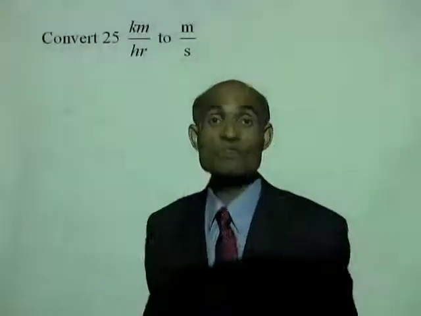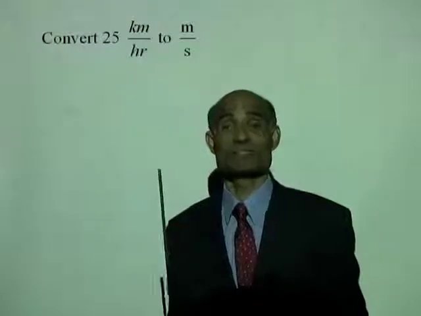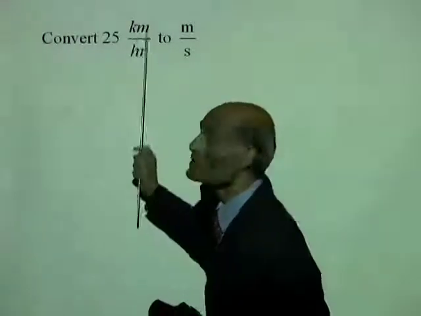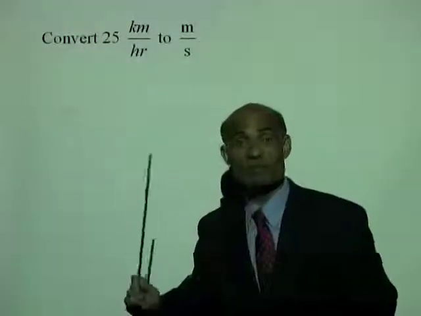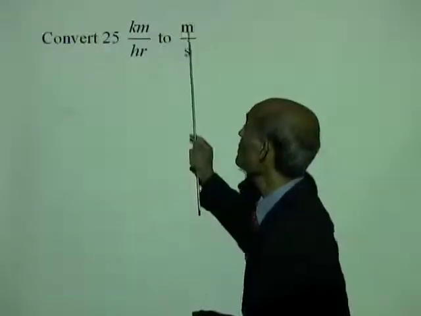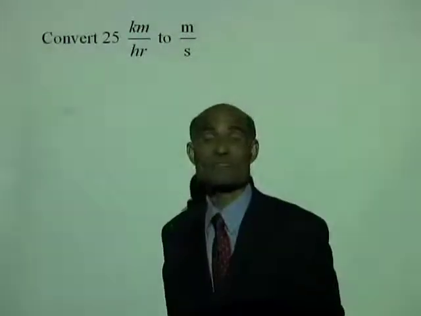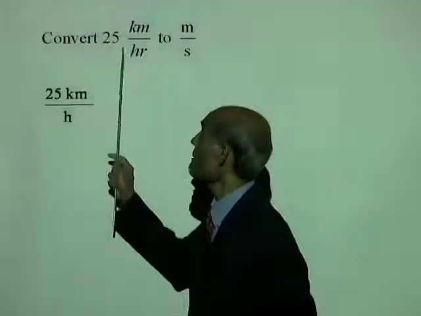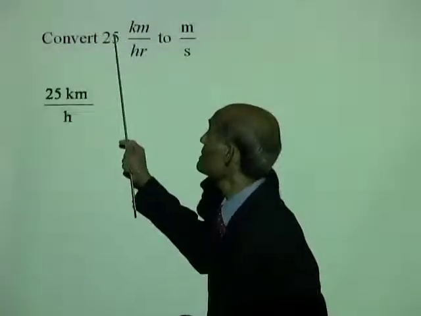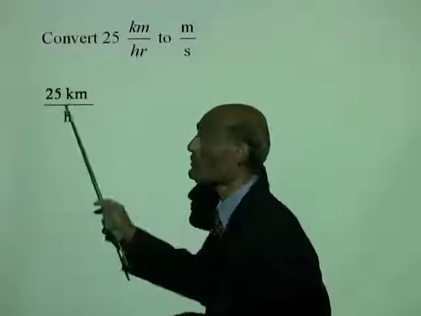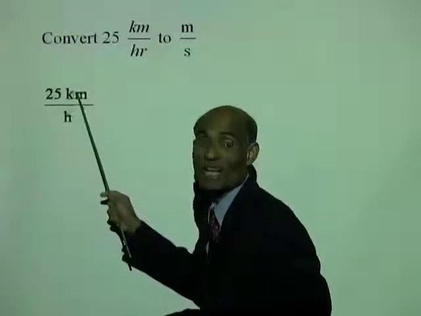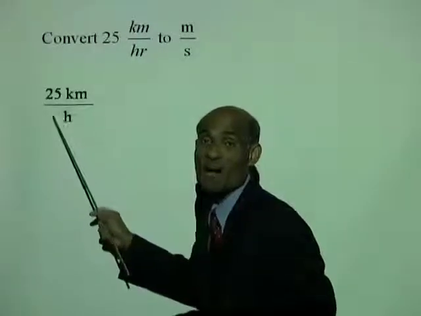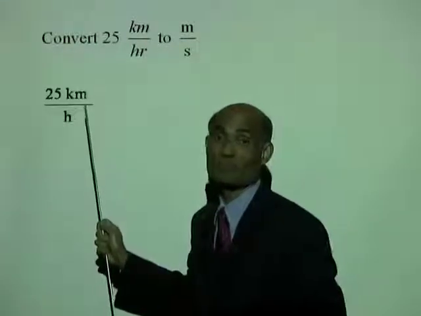Now, very often you will be required to do this. If I give you the speed in kilometer per hour, you need to convert that to meter per second. Alright, now watch how I do that. I'm going to first of all write 25 kilometer per hour like this. 25 kilometer divided by 1 hour.